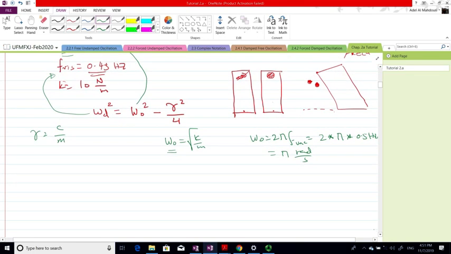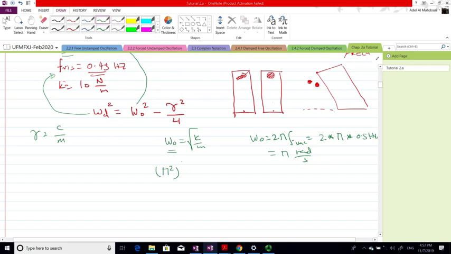It's not squared. Yes, so you have to square it to get the M. We need M now. So if we square this one, then we will have pi squared.